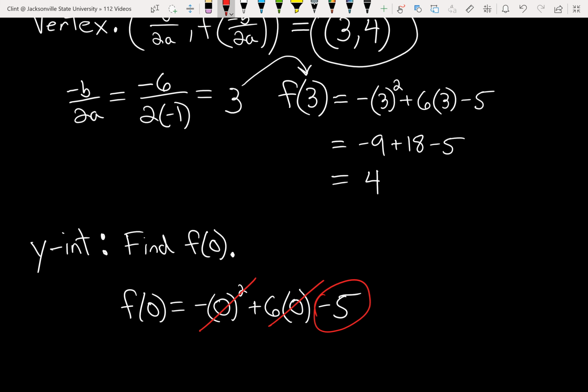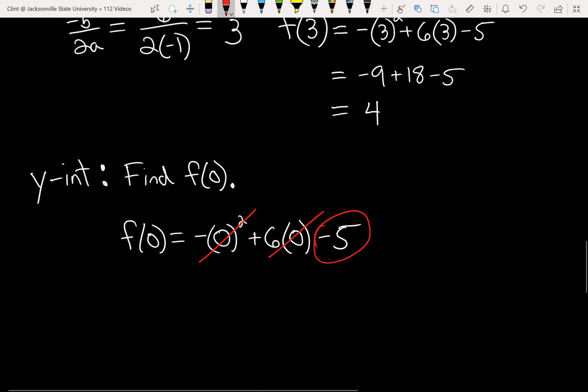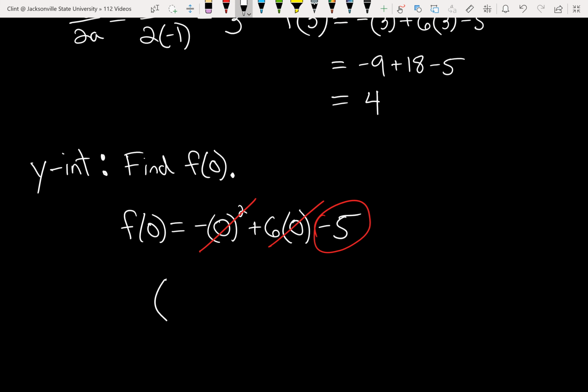So our y-intercept is at -5. So anytime you have the function listed out, you can just look at the part that doesn't have an x. That's going to be our y-intercept. So our y-intercept here as a point is going to be (0, -5).